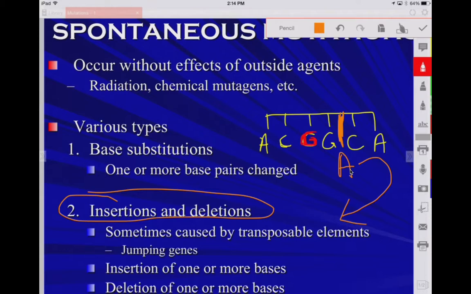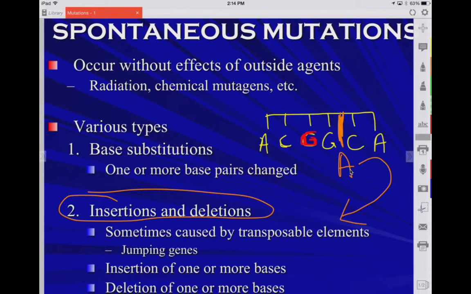As a summary, I'd say the base substitutions tend to be the most benign, but insertions or taking things out, that changes the whole thing. Because when you read the DNA alphabet, there's no spaces between the words. It's like reading a book where there's no spaces literally between anything. And it can really change the reading frame of the sentences.